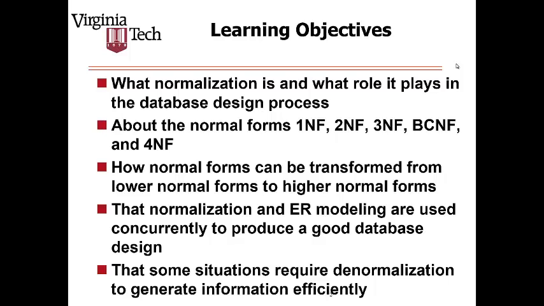We talk about the process, and that's what normalization really is. It's this process that we use to first ensure all of our tables are in first normal form, then that all of our tables are in second normal form, and then finally that all of our tables are in third normal form.